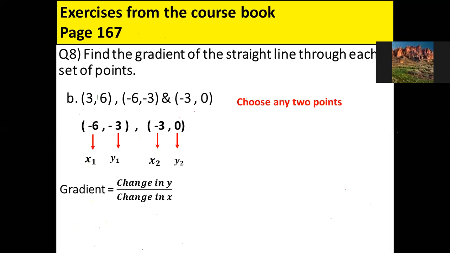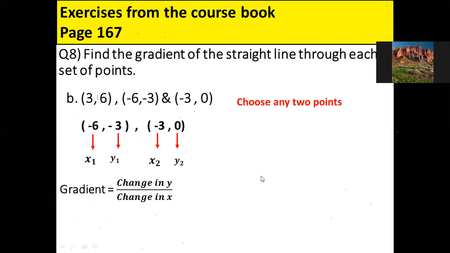Thank you. Okay, let's see who. Amira. Yes, Amira wanted to, and Nabih stopped. Yes Nabih. Come on, teacher. Hi miss, how are you miss? Fine, thank God. Tell me, what shall I do? First of all we find the difference between the two y's. So negative 3 minus 0, negative 3 minus 0, then equals negative 3, divided by the difference between the first x and the second one, which is negative 3.